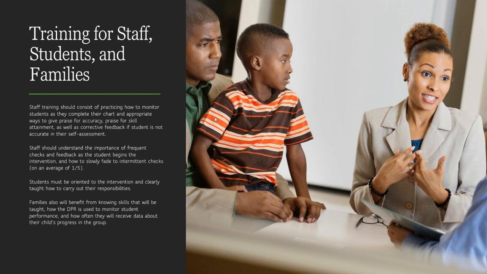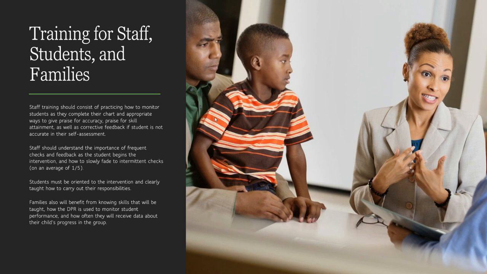As well, those staff need to understand the corrective feedback and how they can use that corrective feedback if a student is exhibiting or demonstrating behavioral errors. We need to train staff in understanding the importance of frequent checks and feedback as the student begins that intervention and when and how they should fade that feedback once that student has acquired those skills.